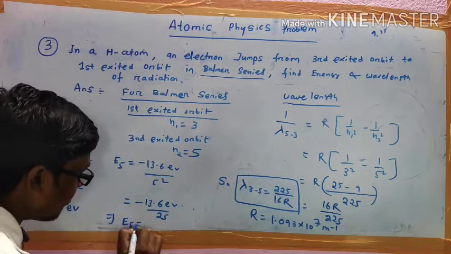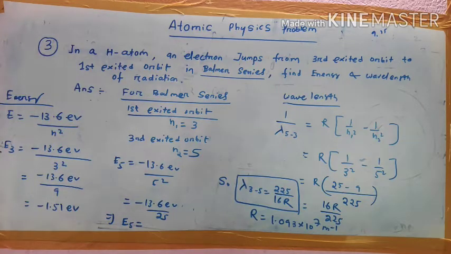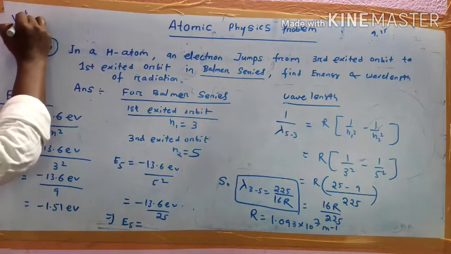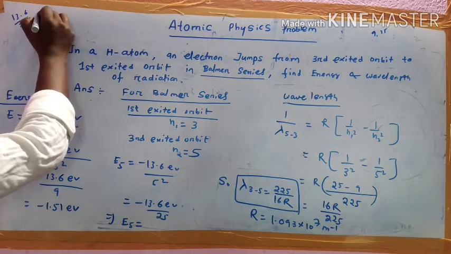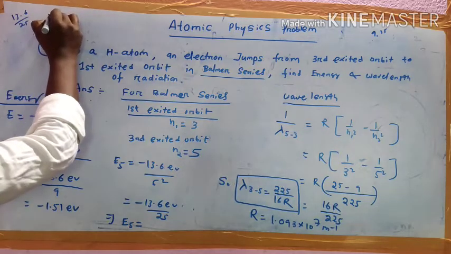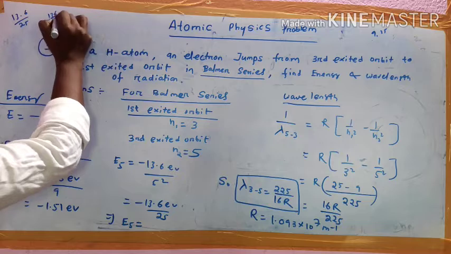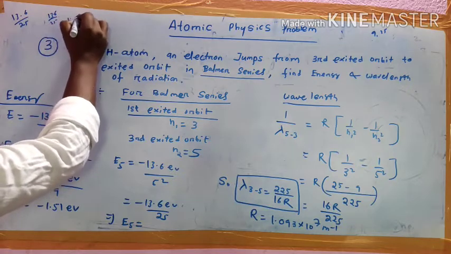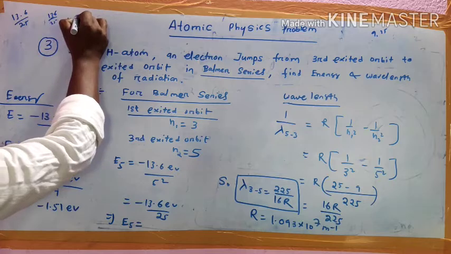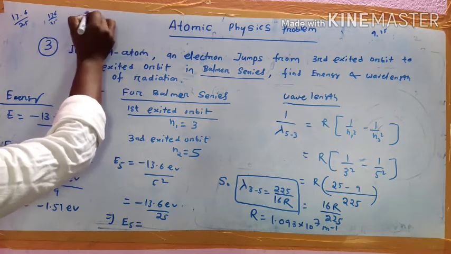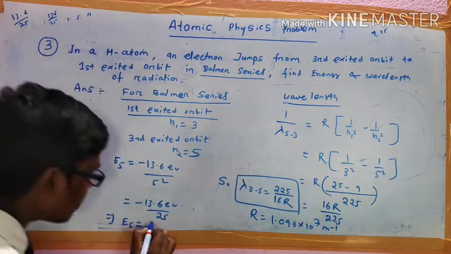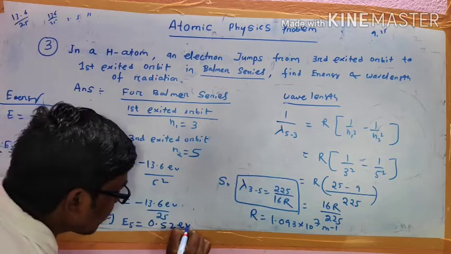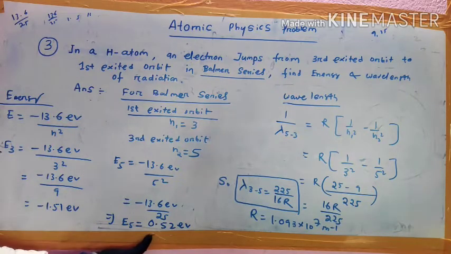Then E5 is equal to 13.6 divided by 25, which is minus 0.52 electron volt. Okay, clear?